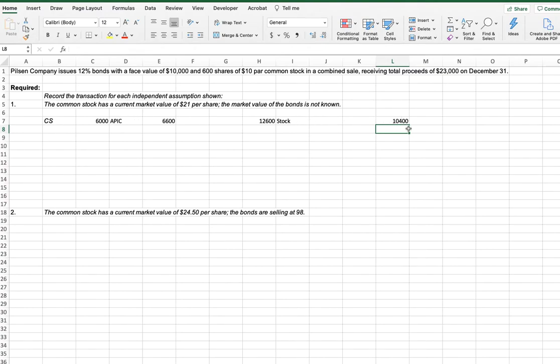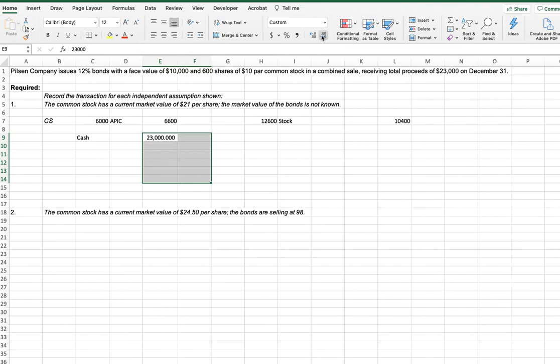And so now that we've broken down that information, it'll make it easy to actually do the journal entry. So we're receiving cash for $23,000. And then we're going to have a credit to our common stock, a credit to the additional paid in capital or APIC, the bonds payable, and also our premium on the bond payable.